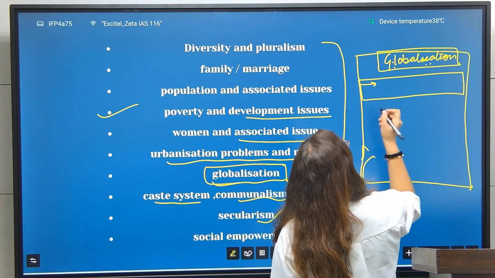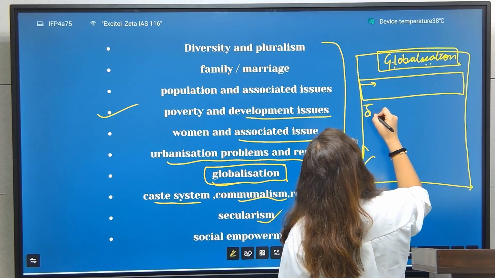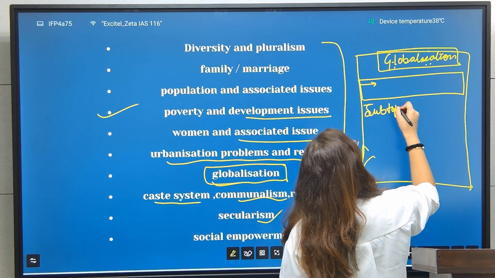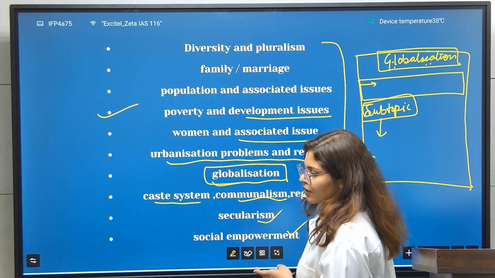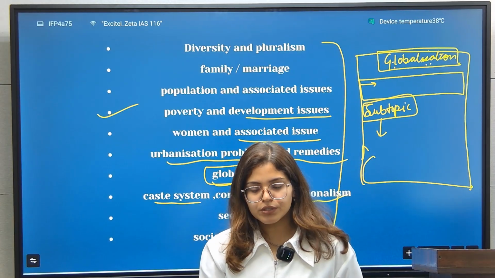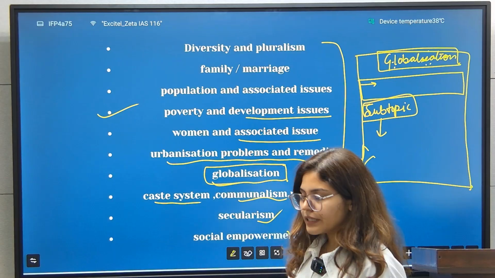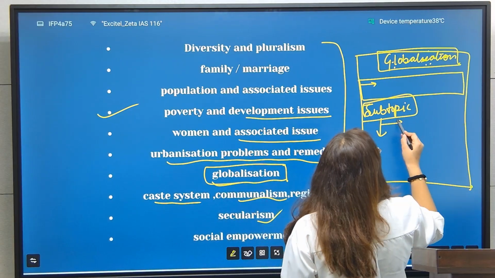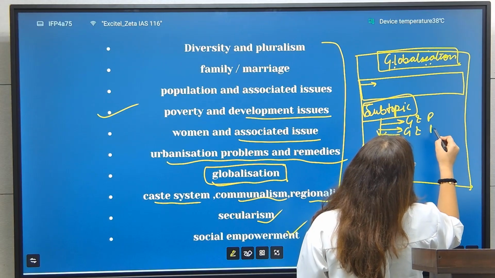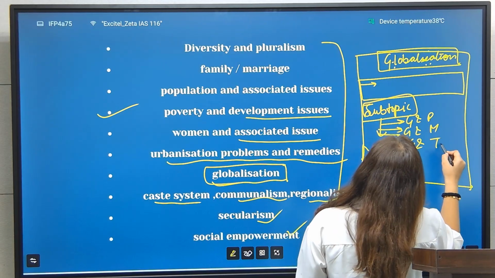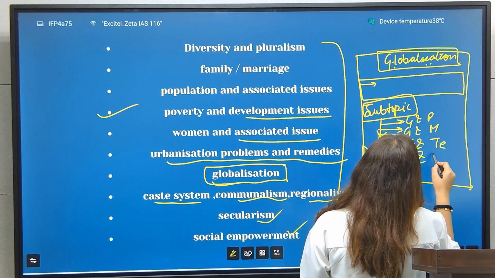Now, write subtopics like globalization and women, globalization and migration, globalization and poverty. So write all subtopics here. Globalization and technology, globalization and poverty.